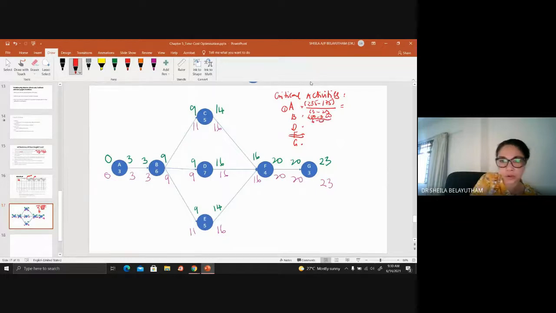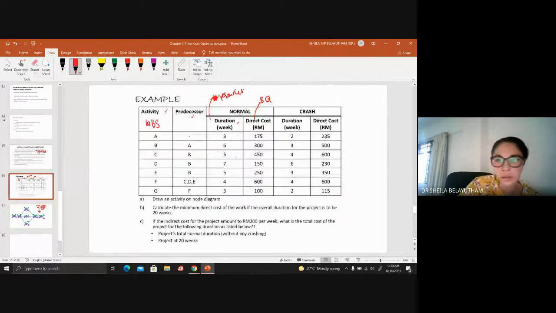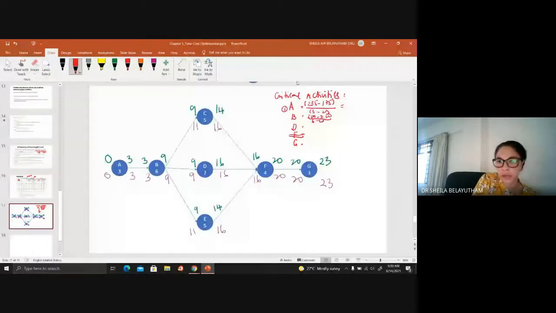So that will give you another cost load. So here you can crash the activity by 2 days. So just make a small notation here, 2. So 1 here reflects 1 day that you can crash. B can compress it 2 days. So you can cut the activity to 2 days.